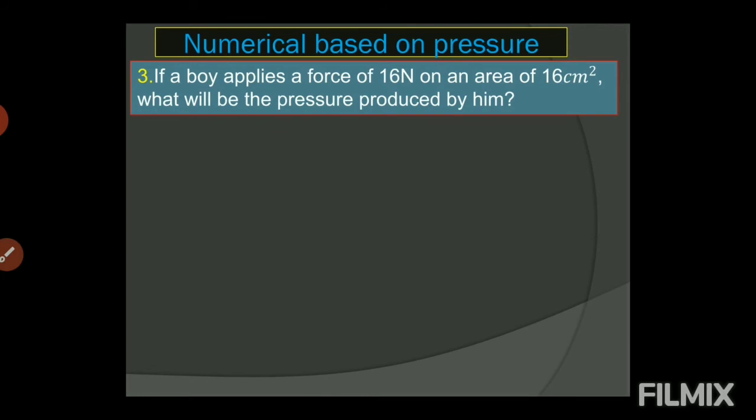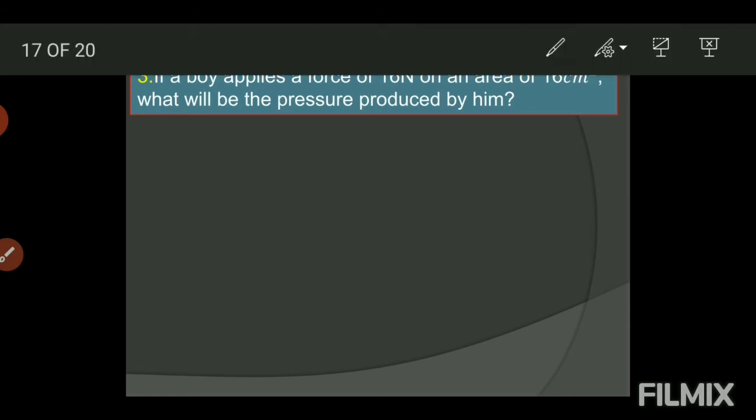If a boy applies a force of 16 Newton on an area of 16 centimeter square, what will be the pressure produced by him? Now here, this is a numerical based on pressure. You are given the force, you are given the area, and you are supposed to find out the pressure.